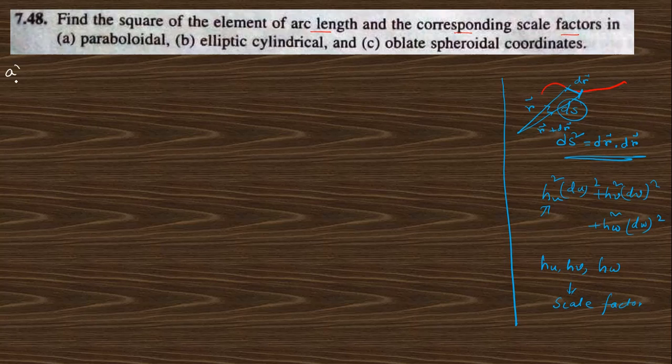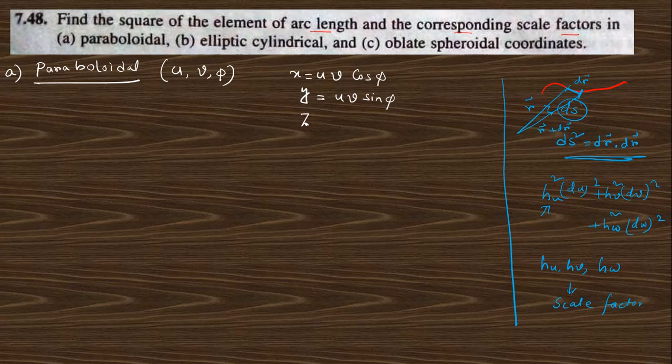First one is the paraboloidal coordinates. This is taken as three coordinates u, v, and phi. The relation between x, y, z and u, v, phi is: x is uv cos phi, y is uv sin phi, and z is half of u square minus v square.